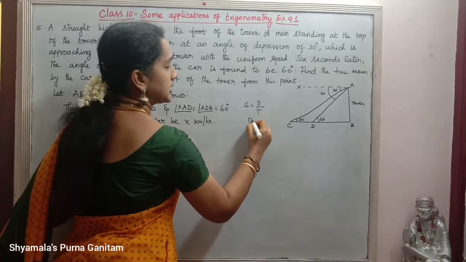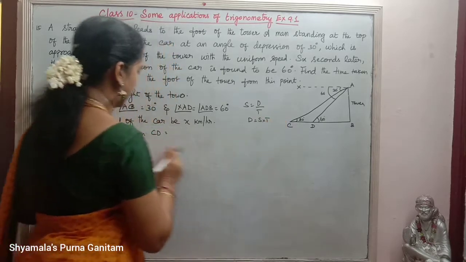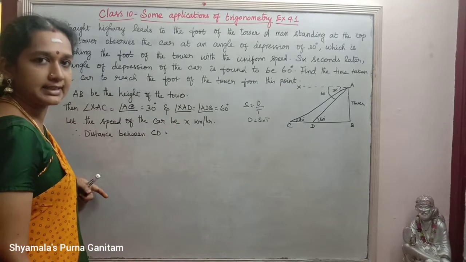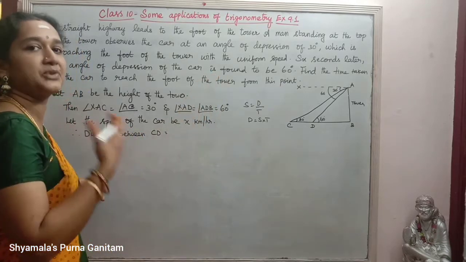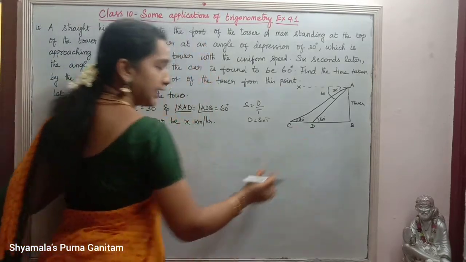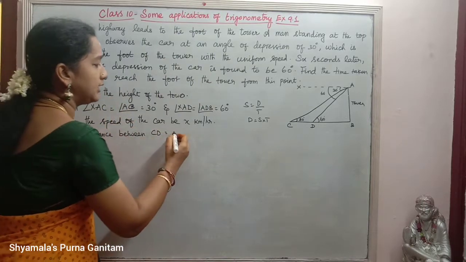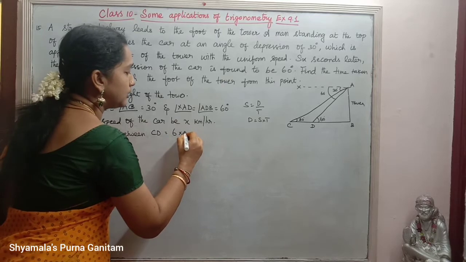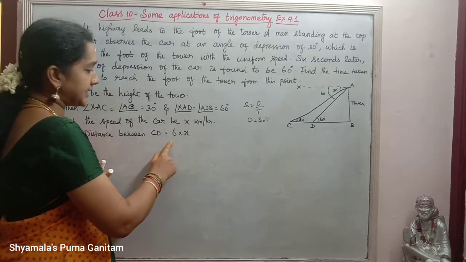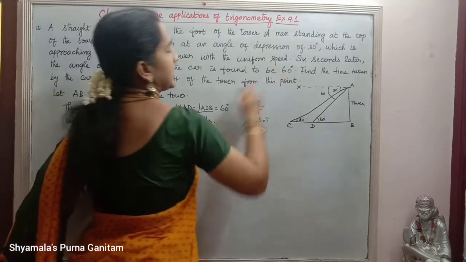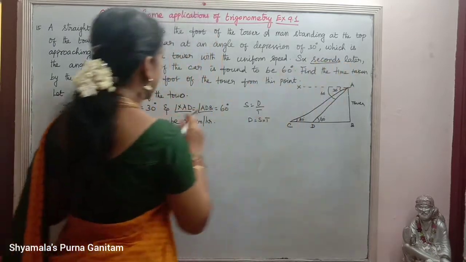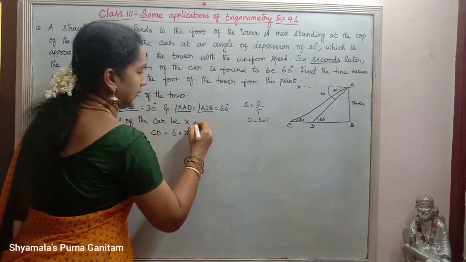So distance is equal to speed into time taken. Speed we have taken as x, and from here to here it takes 6 seconds. So it will be 6 into x. Here the time is given in seconds, so we will take x as meters per second.